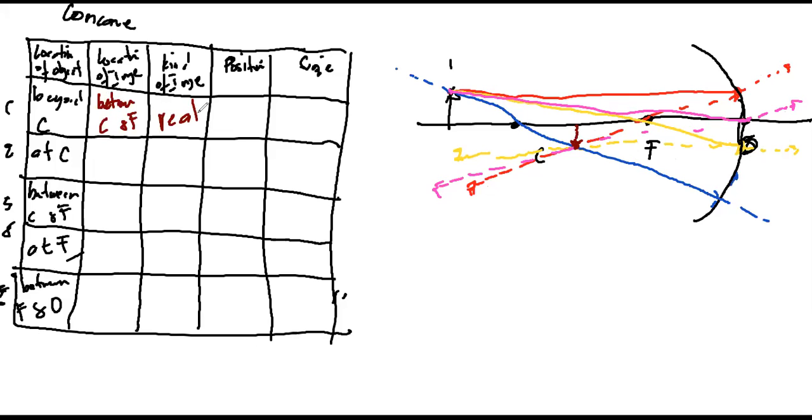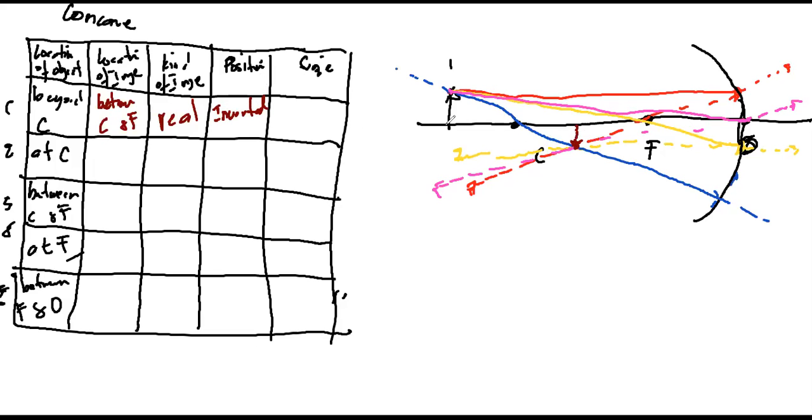And this also proves that a real image will always form an inverted image. So what is the position of the image? You will see that it is inverted, opposite. So an inverted image is projected because it is real. And what is the size?